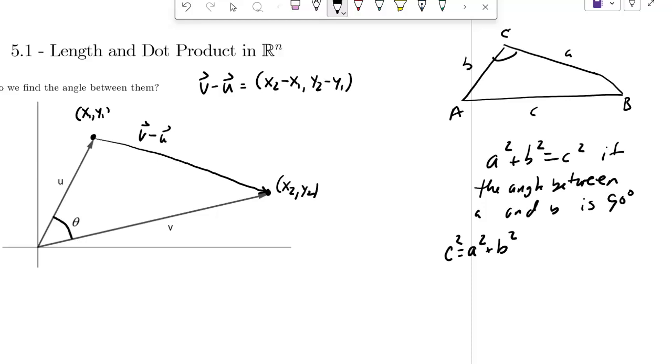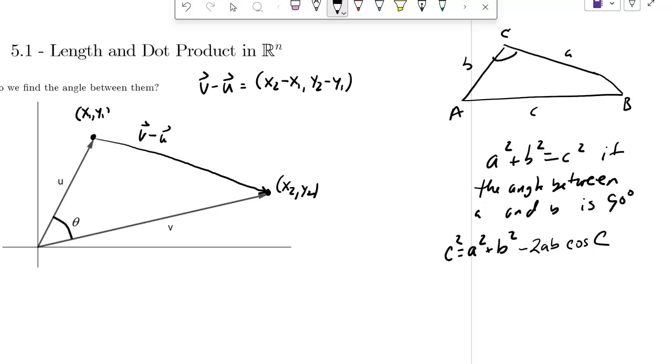It'd be minus 2AB and then cosine of the angle between them. So if your angle between them is between 0 and 90, cosine will be positive, so we'll subtract something off. If it's between 90 and 180, cosine will be negative, and we'll add something on. Okay, does that make sense?